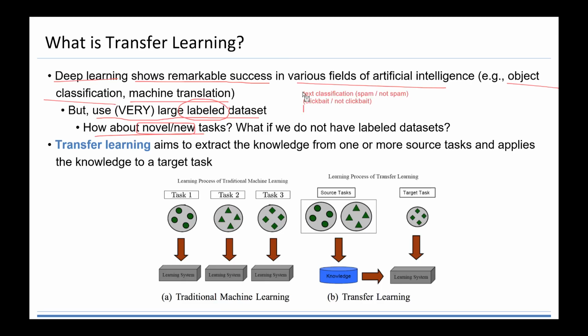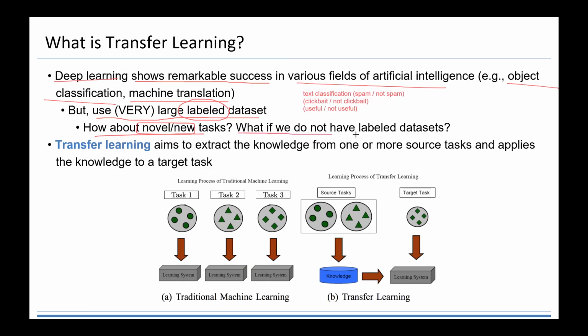What about if I want to have another kind of text, let's say useful or not useful? So it is confusing and there is no label. There is no such annotation for this kind of useful and not useful data.